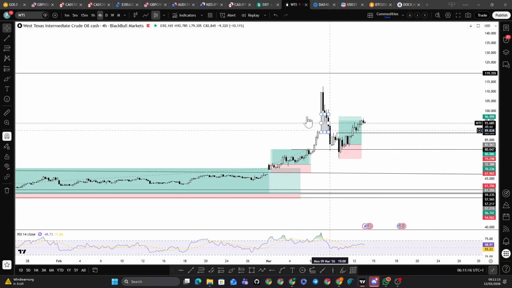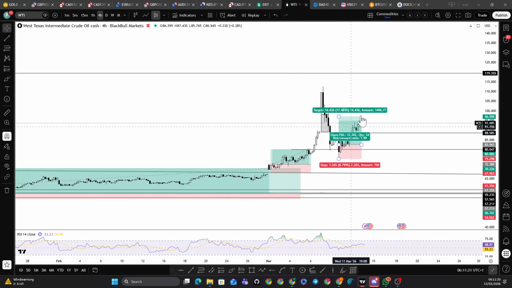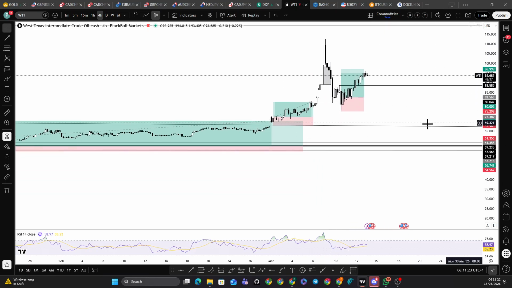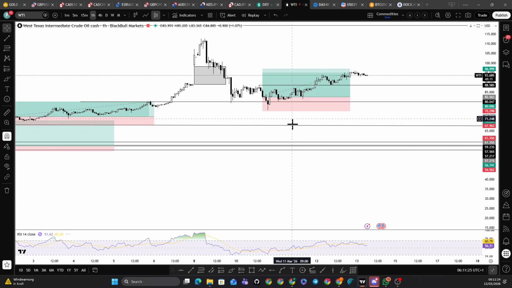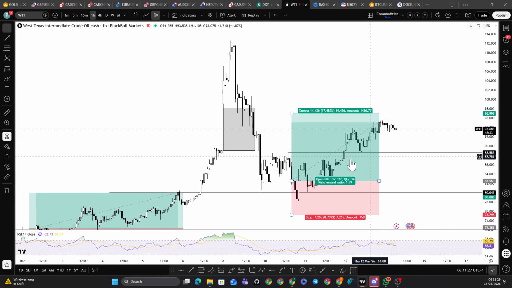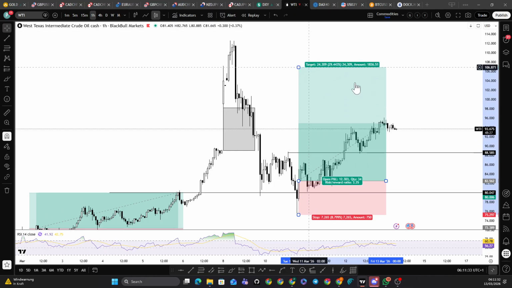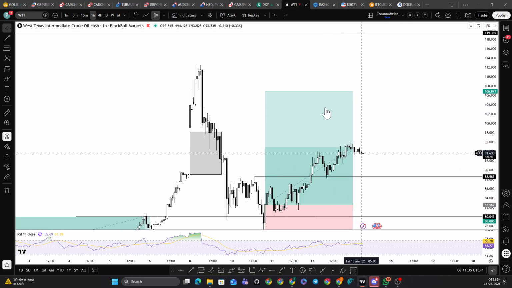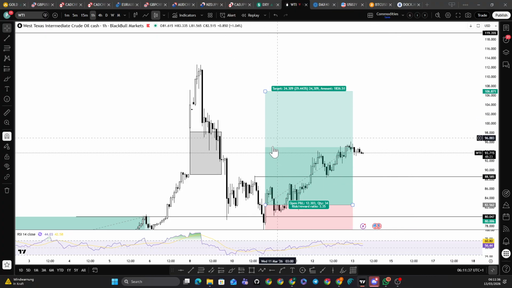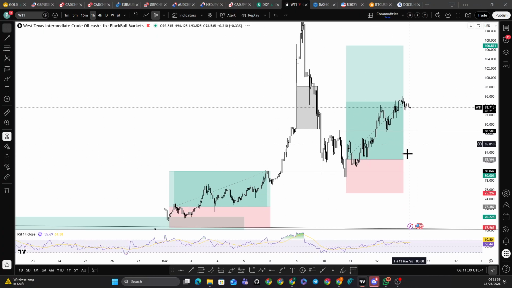After the recent decent pullback, I was able to get into an oil trade. My entry was here. I'm still holding this trade at break even, so I'm risk free on this trade. This is based on fundamentals only.